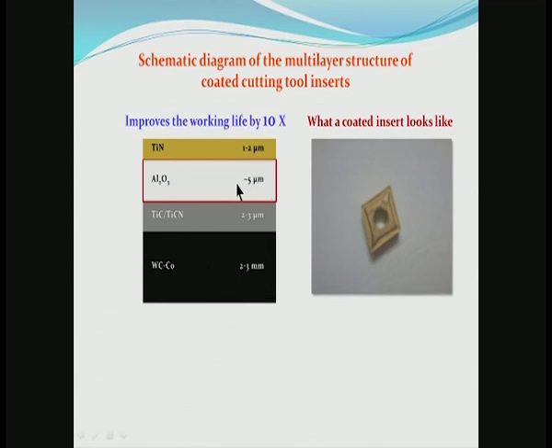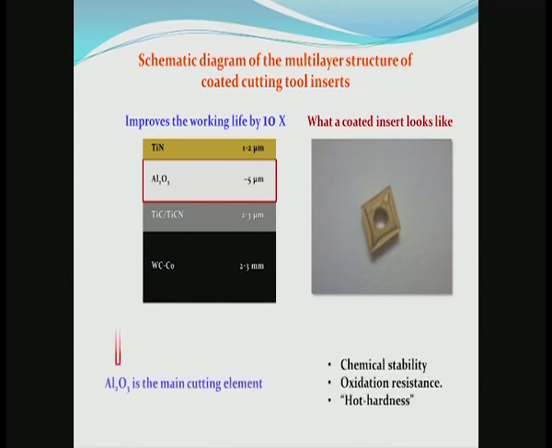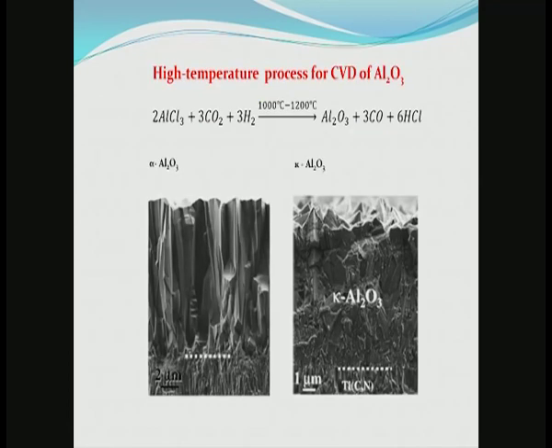This aluminum oxide layer at the top actually enhances the lifetime of this cutting tool by a factor of as much as 10. Now, the reason it happens is because of the teeth that you can see here. These are aluminum oxide crystals that are essentially vertical or perpendicular to the substrate, thin long needles in the alpha Al2O3 phase of aluminum oxide.